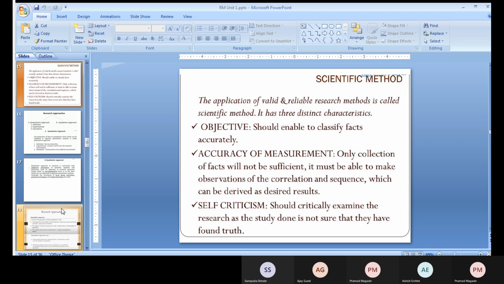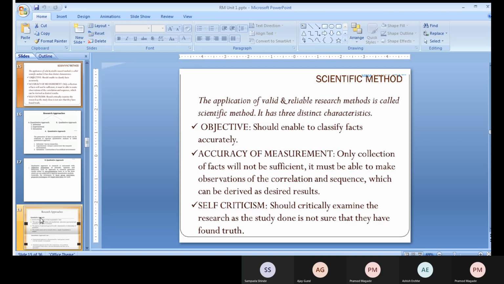Second, objectives. Third, methodology. Fourth, self-criticism. Okay, so these are the scientific methods.